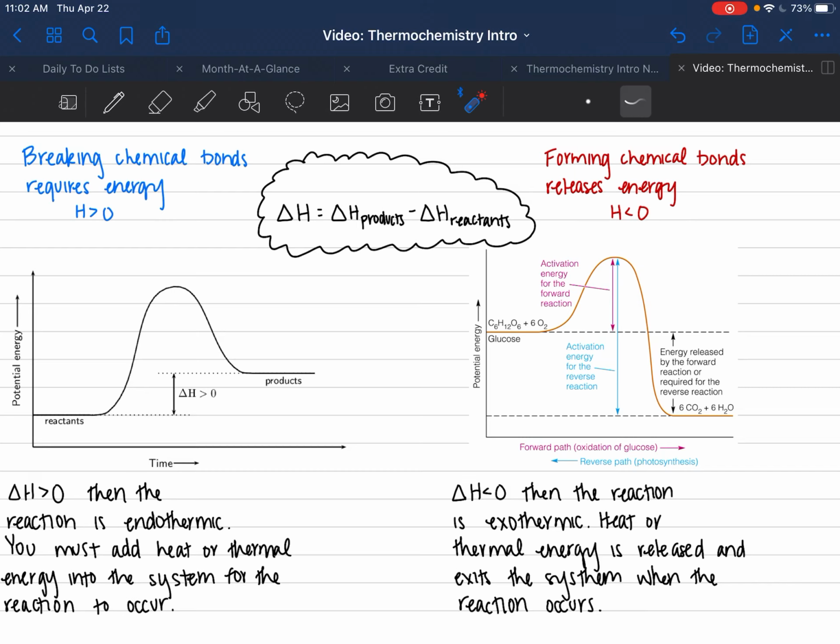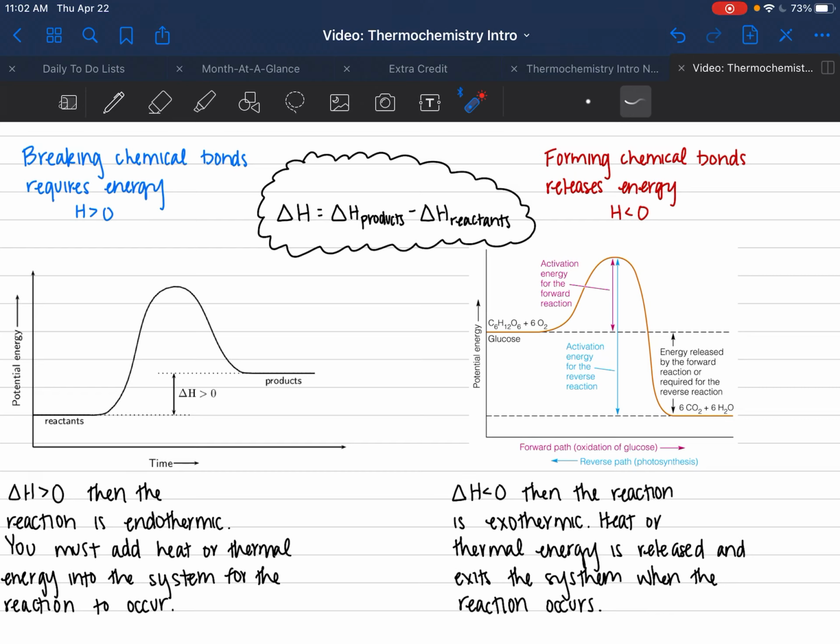So what we usually see if we do a reaction like this is something will be heated. So for example, if you're doing a chemical reaction and you have a thermometer in that solution and the temperature starts to rise, that should tell you that it is giving off heat. It is getting hotter. So chemical reactions where your temperature increases, that is an exothermic reaction.